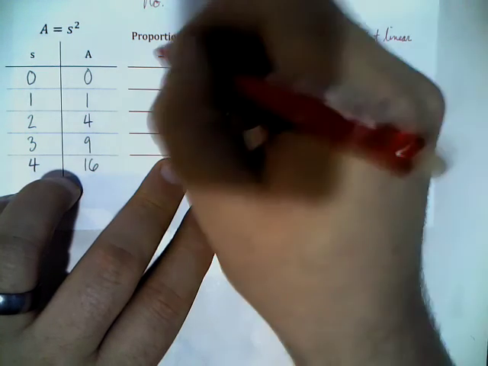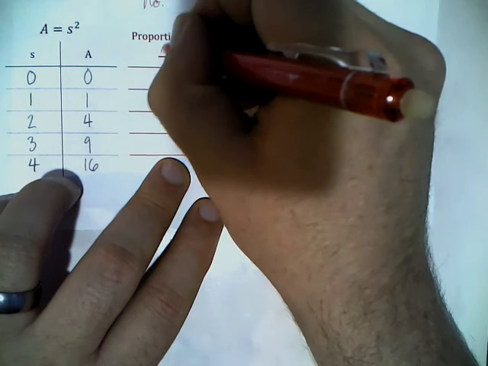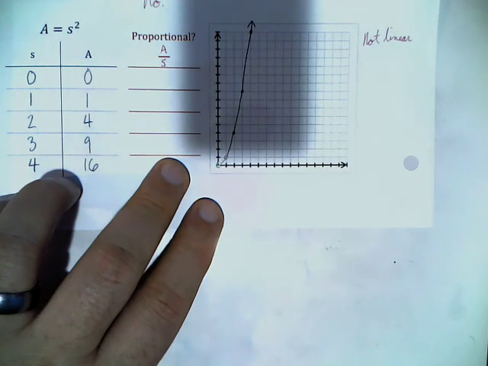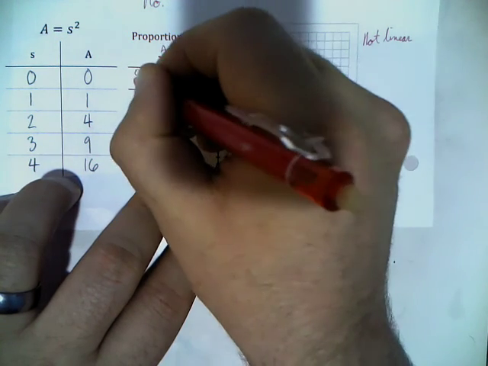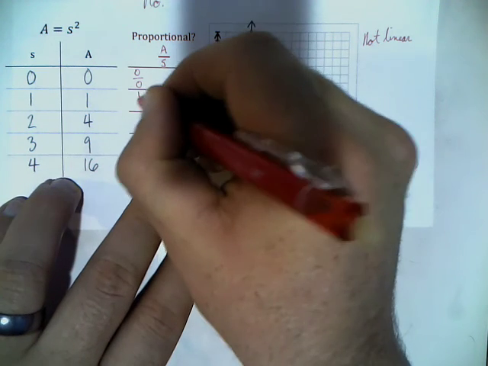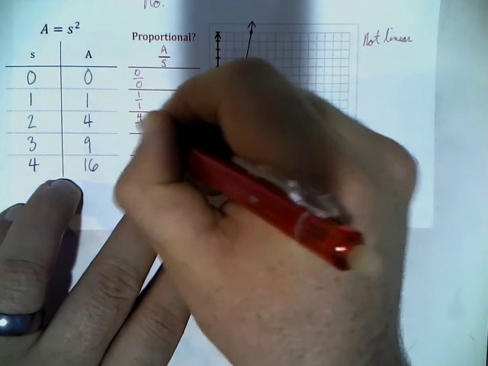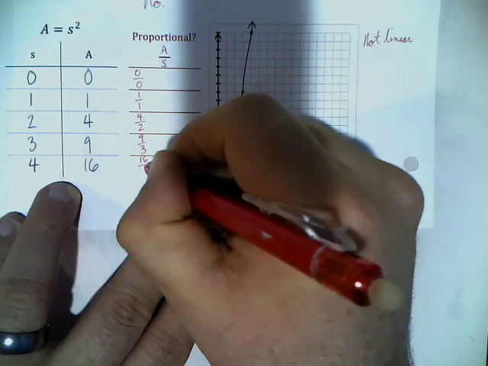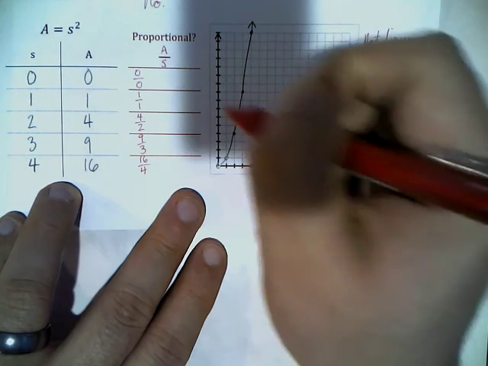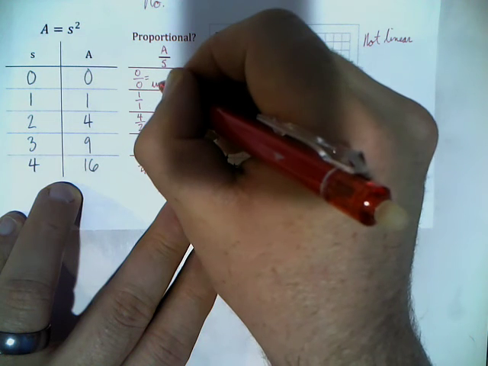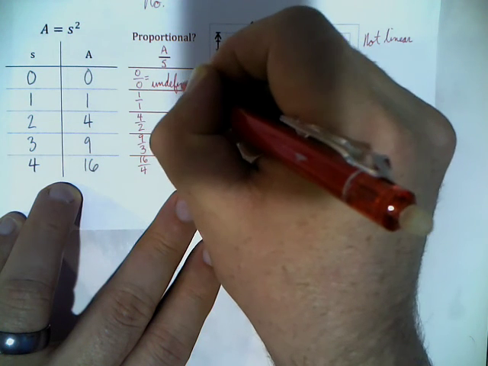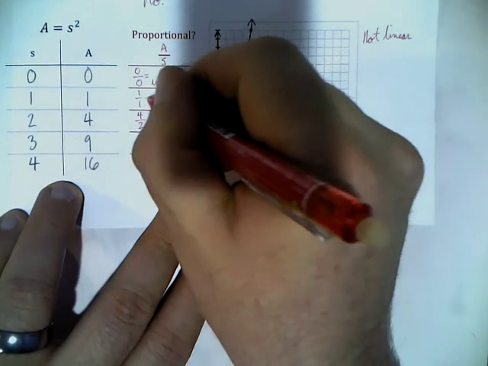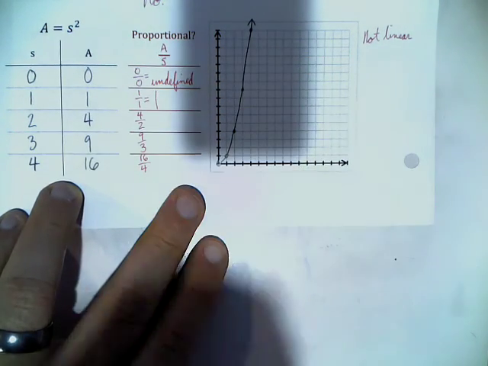So here, to find out if this is proportional, it's going to be the output over the input. So output over input will be 0 over 0, 1 over 1, 4 over 2, 9 over 3, and 16 over 4. So if we simplify each of those, 0 over 0 is undefined. That's your freebie. Don't worry about it. It is undefined, but just move on. So here, 1 over 1 is 1.